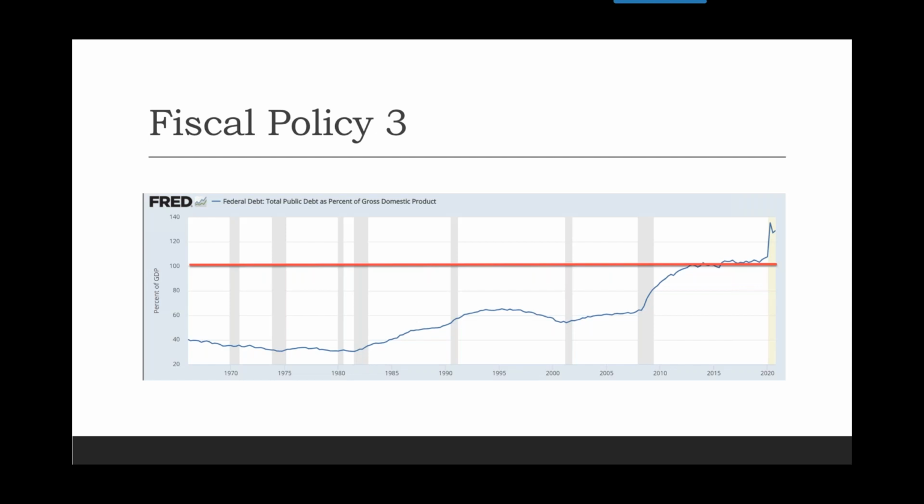It looks like around 2015, 2016, something like that. But when COVID hit, it spiked up from just over 100% all the way up to about 130%. Now, why is this important? Well, economists, who I have low respect for, say that once we get above 100%, that damages growth in a society.